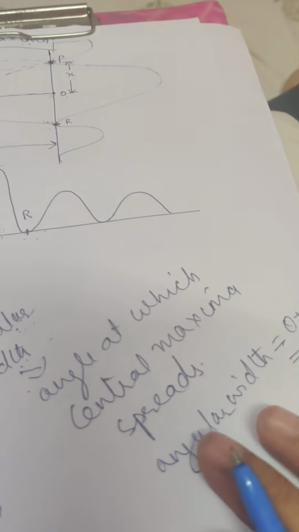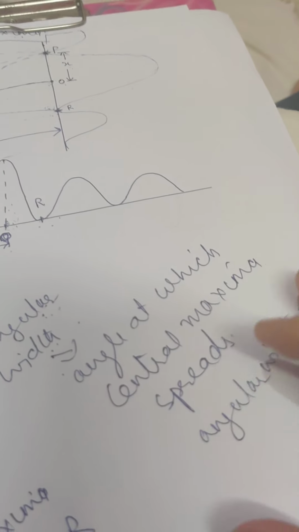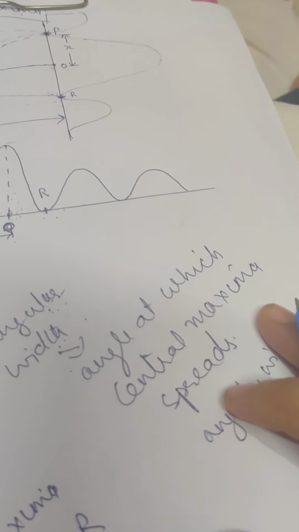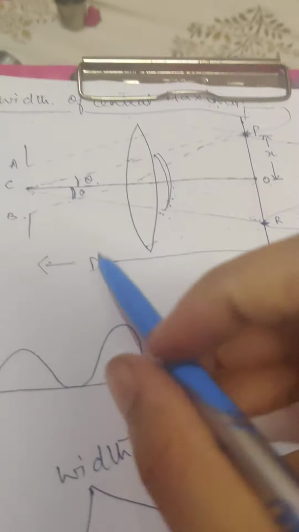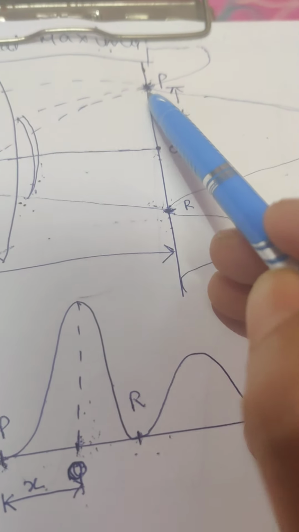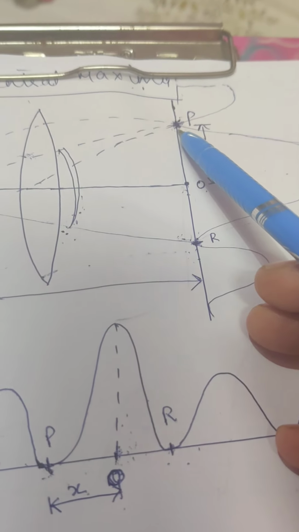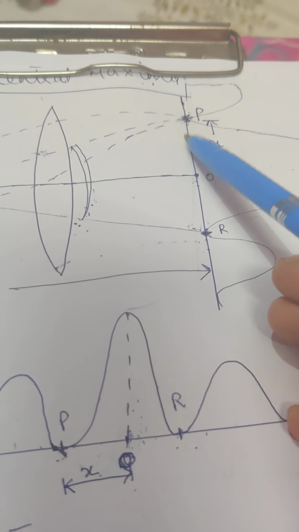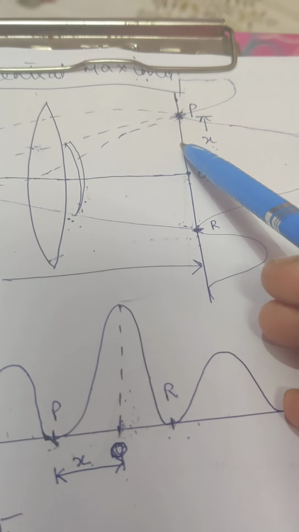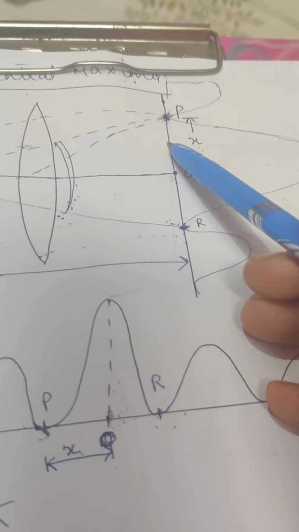Okay beta, we already calculated the conditions for secondary maxima and the minimas. Angular width is the angle spread of the central maxima.